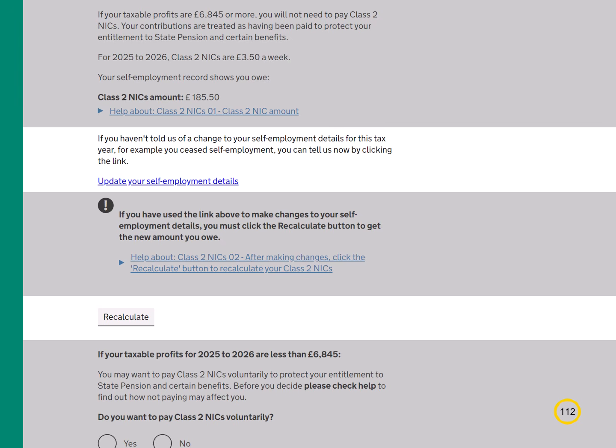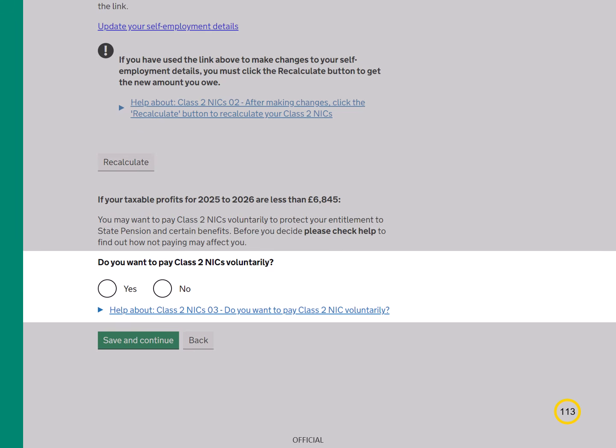Once you've done this, you must also select Recalculate to get the new amount. Once the amount is correct, to make a voluntary Class 2 payment, select Yes, otherwise select No. Your full calculation shows any voluntary Class 2 National Insurance contributions due to be paid.